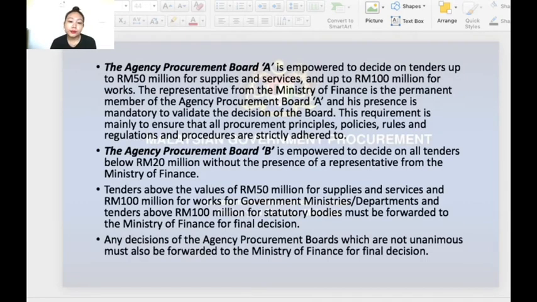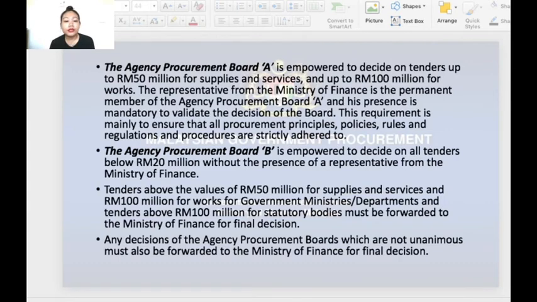The Agency Procurement Board A is empowered to decide on tenders up to 50 million ringgit for supplies and services, and up to 100 million ringgit for works. The representative from the Ministry of Finance is the permanent member of the Agency Procurement Board A, and his presence is mandatory to validate the decision of the board.